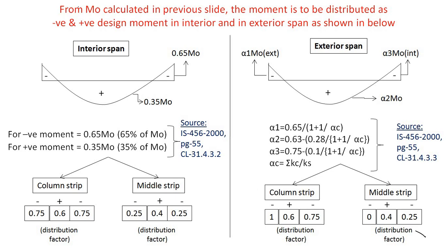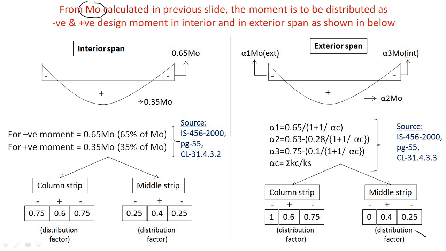The M0 which we have calculated in the previous slide, we have to distribute into the interior span as well as the exterior span in negative and positive bending moment.